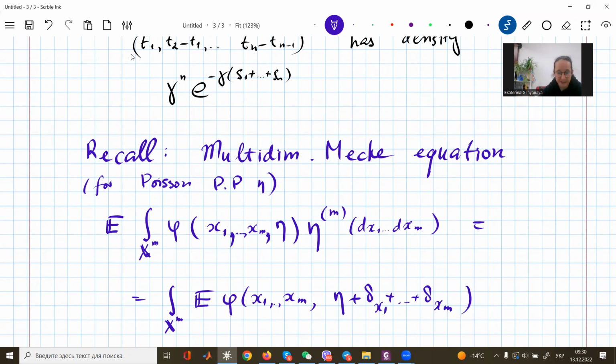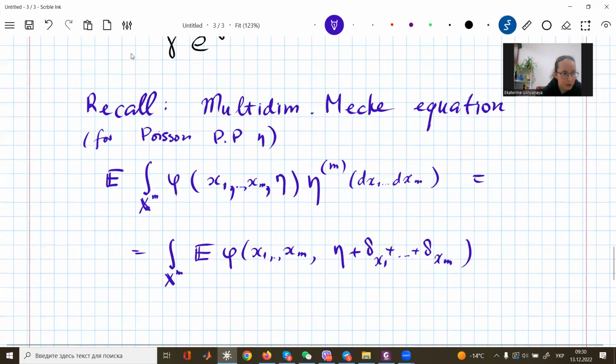So such a new measure. And here we write down the m-th power of the intensity measure of a Poisson point process, with eta with intensity measure.